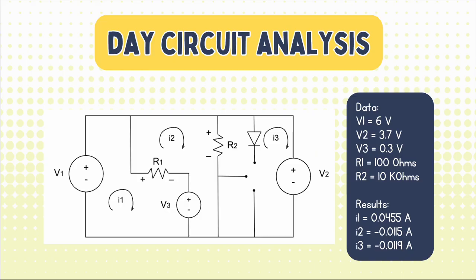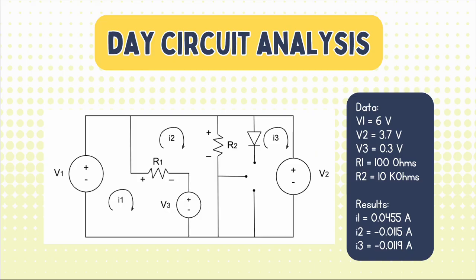Our battery, which is represented with V2, equals 3.7 volts. And our diode, which is represented by V3, equals 0.3. Resistance 1 is equal to 100 ohms, and resistance 2 is equal to 10k ohms.